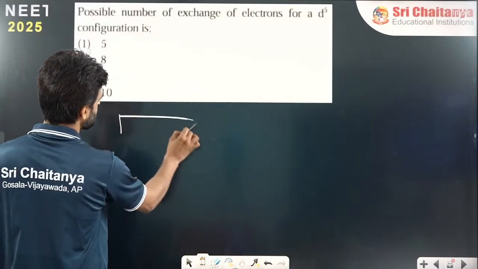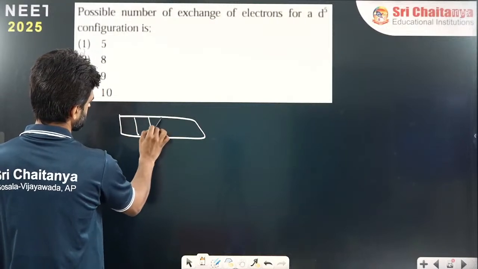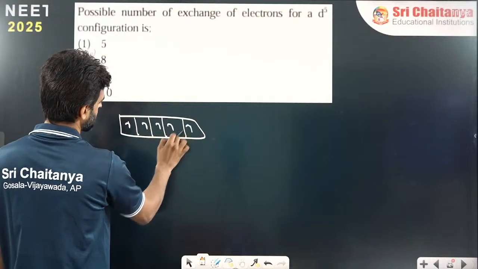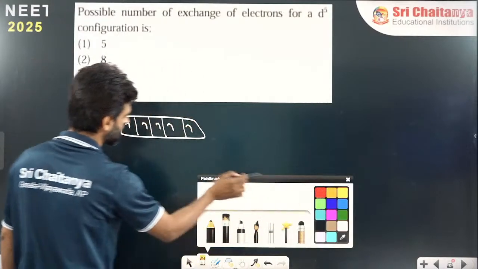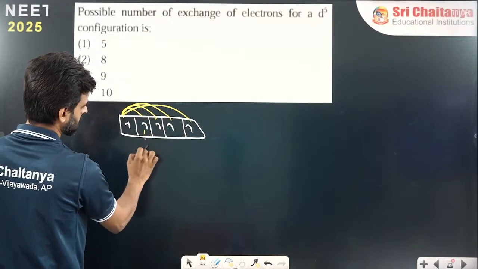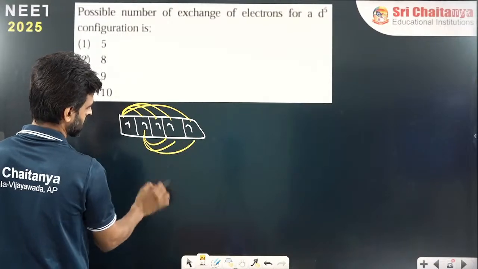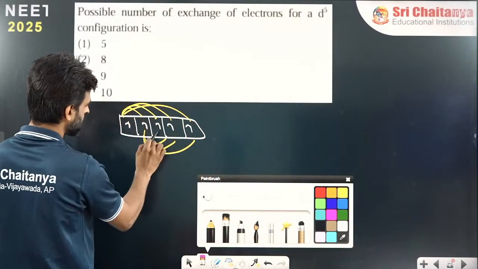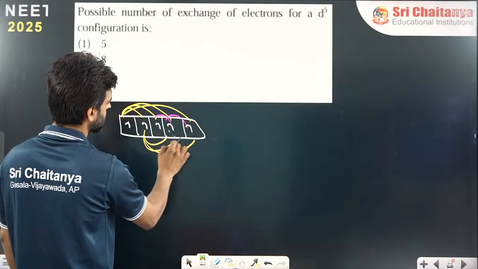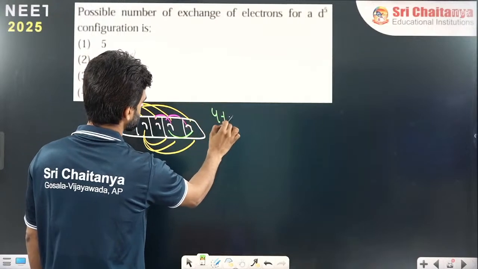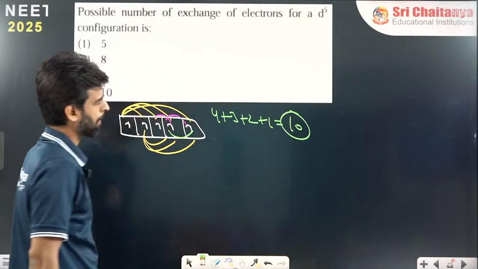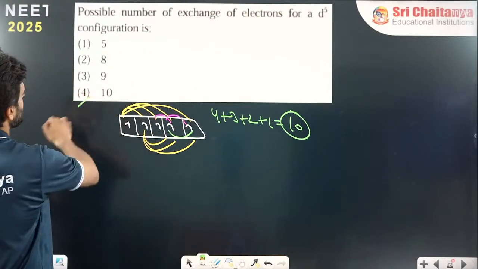So if I say d5, this is d5, right? So this one can exchange position here, here, here, here, 4, here, 3, now here 2, and here 1. Total how many? Initially can do 4, then 3, then 2, then 1. How many coming? 10, right? Easy. So 10 exchange options are there.